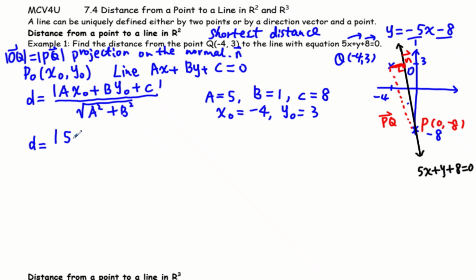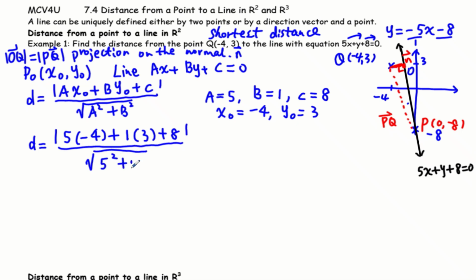So 5 times -4 plus 1 times 3, then plus 8, all over square root of 5 squared plus 1 squared. So do the calculation: negative 20 plus 3 plus 8 over square root 26.